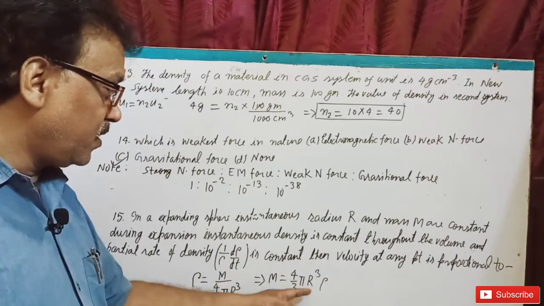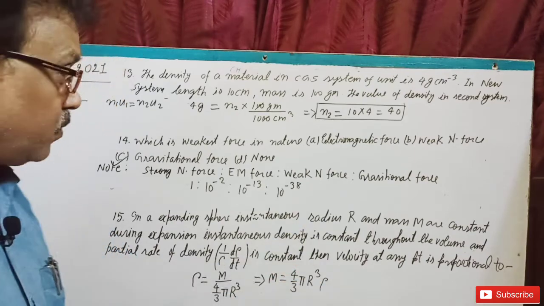Pi is also constant, so you can say r cube rho is equal to constant.